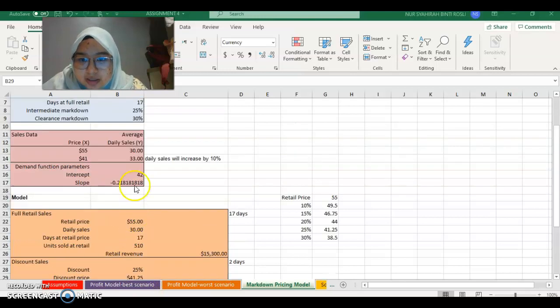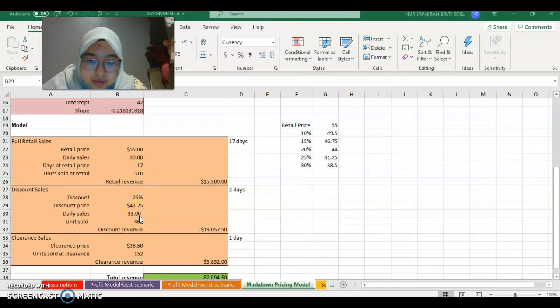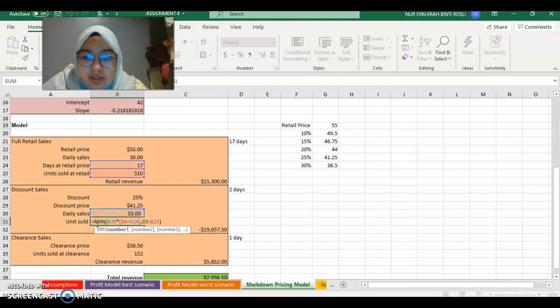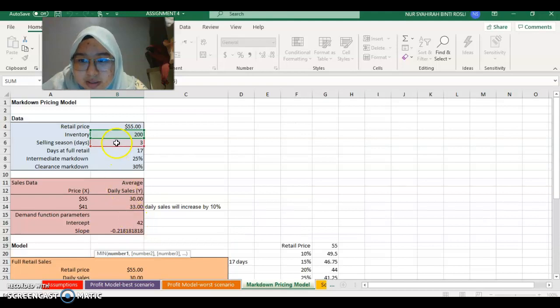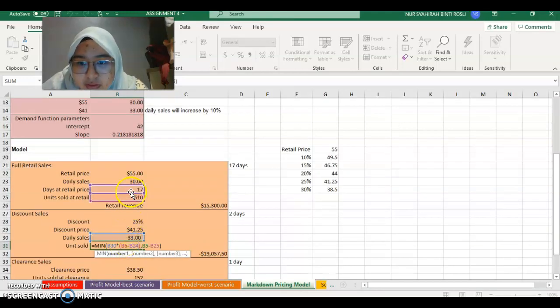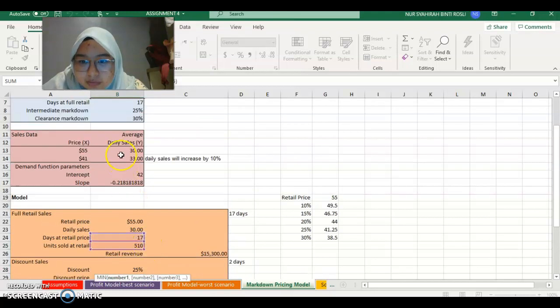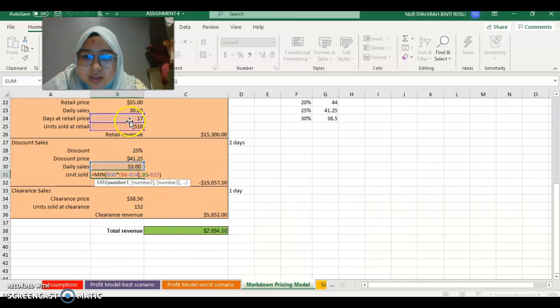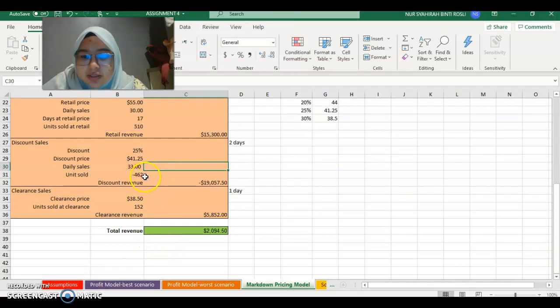The daily sales I get from above, 33 units. The units sold, I use the MIN formula, with the value of daily sales times the value of B6 minus B6 minus 24, and then B5 minus B25, and I get the result of negative 4.2 units.